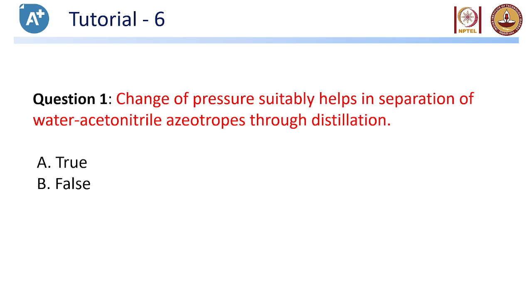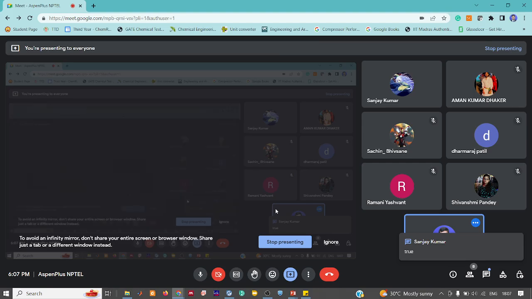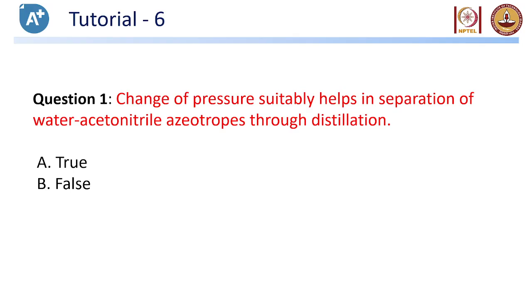So this is one of the questions. Change of pressure suitably helps in the separation of the azeotrope of water and acetonitrile. Is it true or false? What about others?